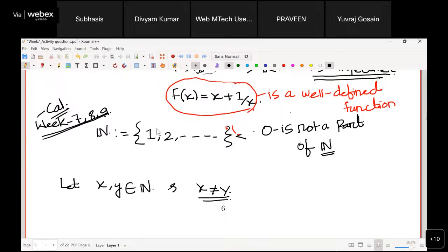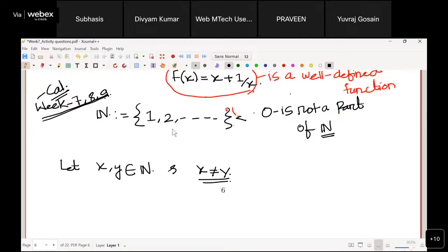If I'm taking two distinct numbers x and y, then I have two possibilities: either x is greater than y or y is greater than x.